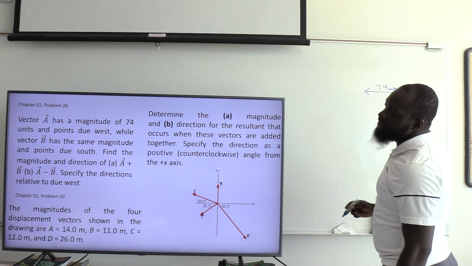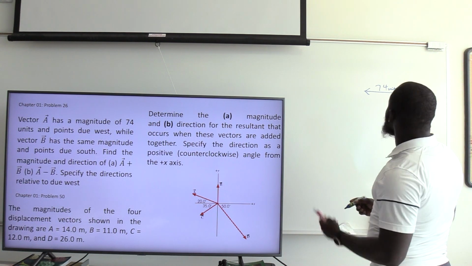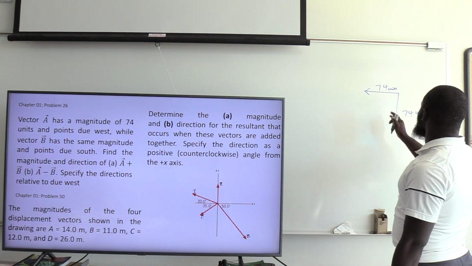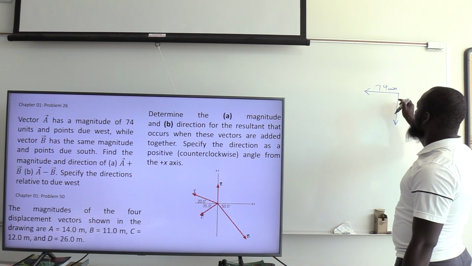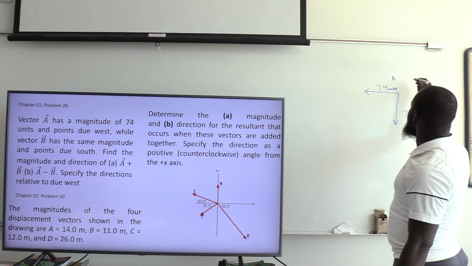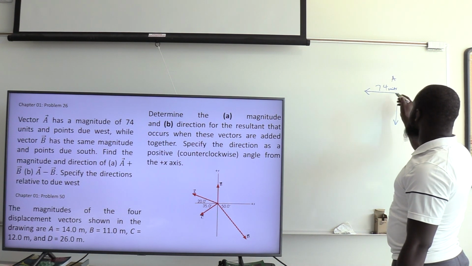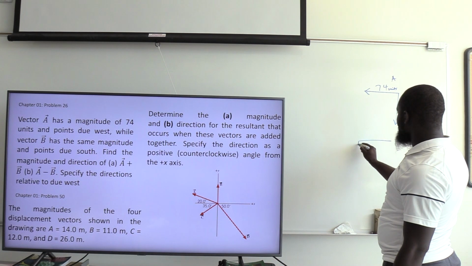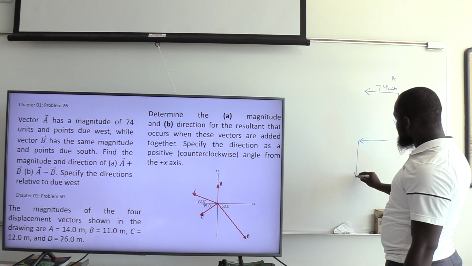So we are looking for A plus B. For A plus B, this is A and this is B. So I draw A this way, and I draw B tail to head.